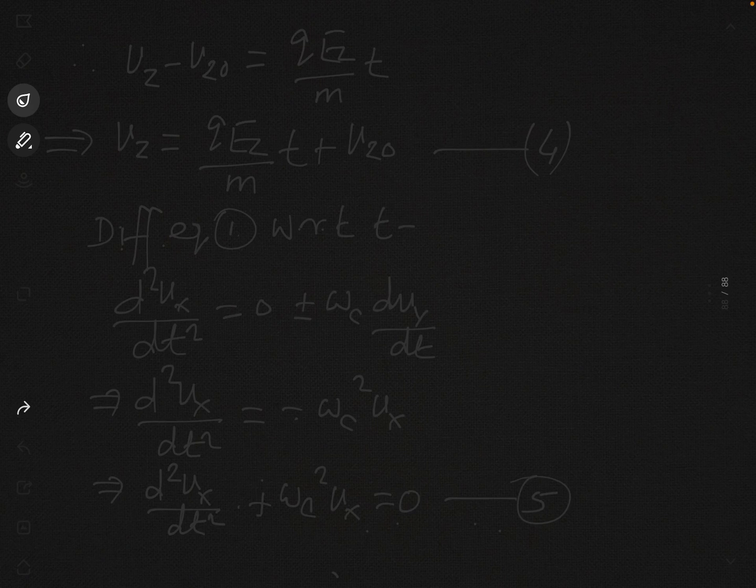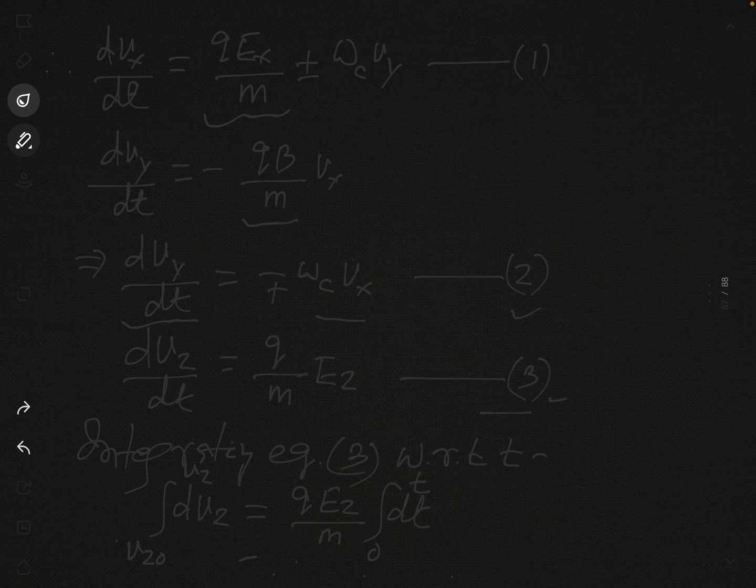Now we will differentiate this equation number 2, that is dVy by dt, with respect to t. So when you differentiate this equation 2 with respect to t, what will you get? This will be d2 Vy by dt square minus plus omega c dVx by dt.